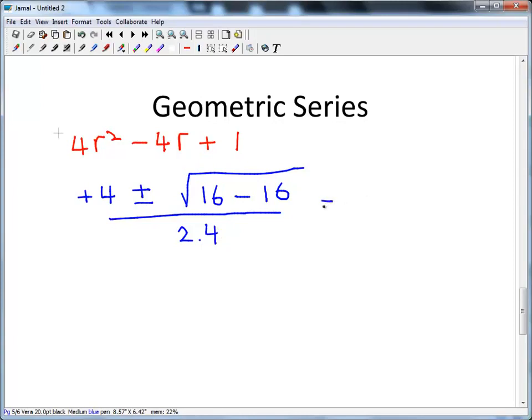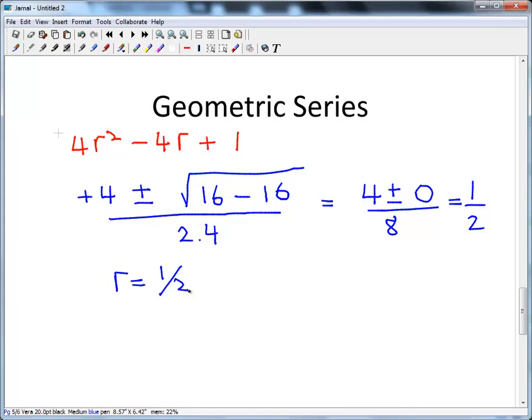So that works out to be 4 plus or minus 0 all over 8, and that works out to be 1/2. So we have one answer for r only, and r is equal to 1/2.